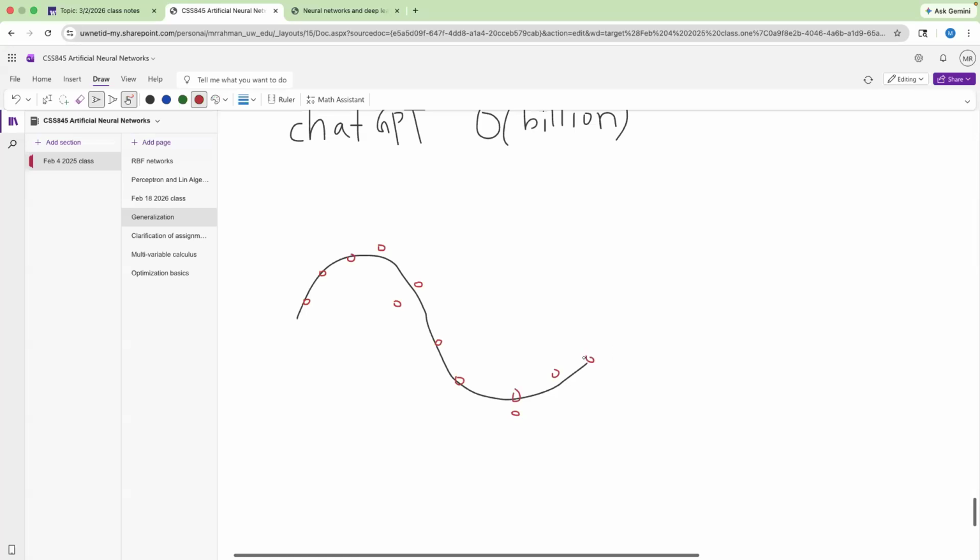Let's say I want to fit a one-dimensional line to this. We all know the line might look like this. So we have a really simple model, and we might expect it to generalize well, but this would actually be underfitting. So this is an example of underfitting.